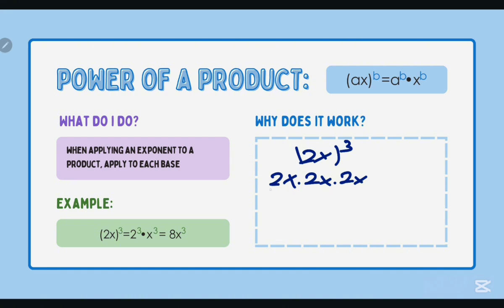So we will multiply 2, 2, 2, it will be 8, and x times x times x will be x to the power of 3. We should apply it to both. Let's continue.